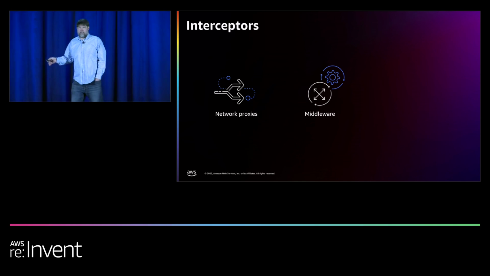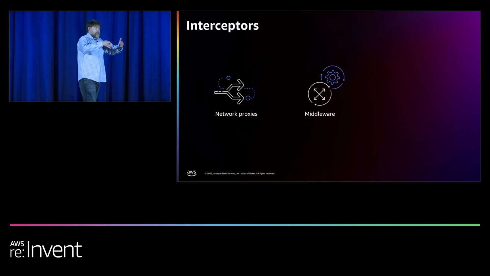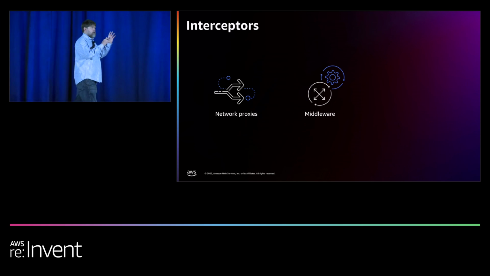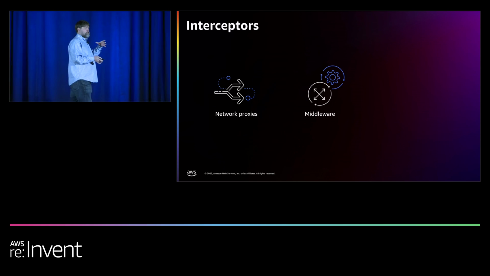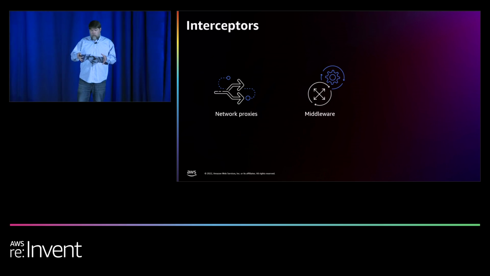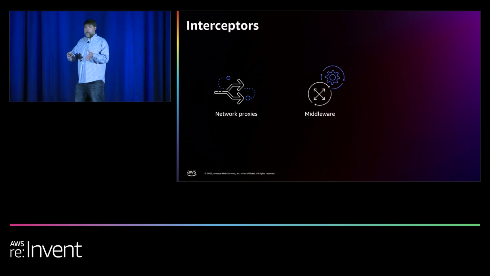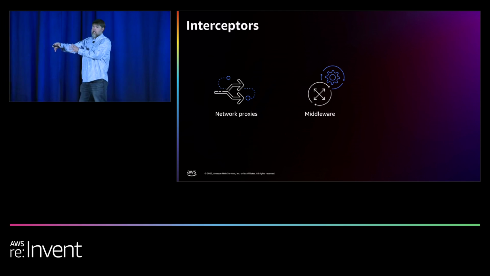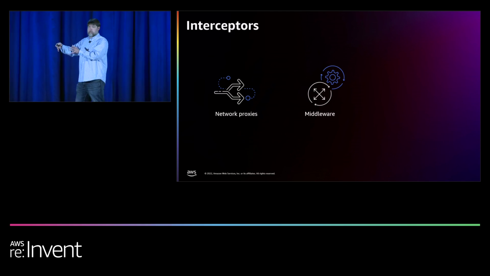Everybody's got some concept of the request coming into my microservice. I've got all the context of that request. I can interact with it and do stuff with it. I can run the main functionality of my microservice, and then I get a handle on that response before it goes out the door.